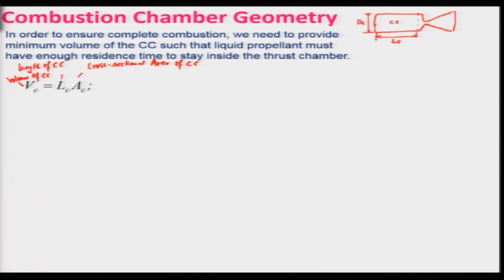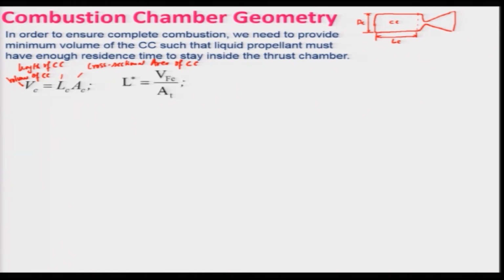We will be interested in a minimum volume so that it is compact, and at the same time complete combustion must be ensured. For that, we have to look at the residence time. Generally people use the characteristic length.